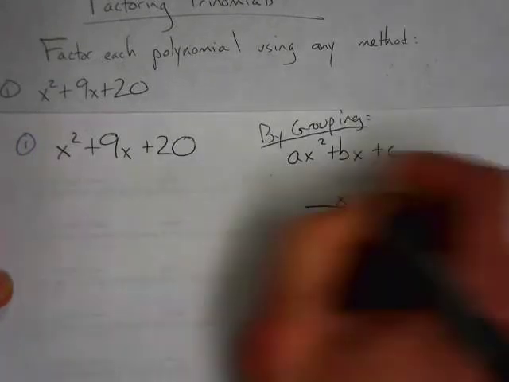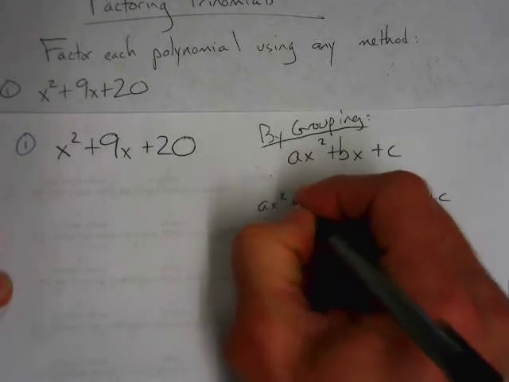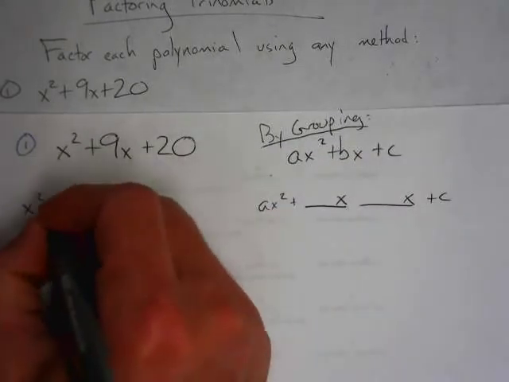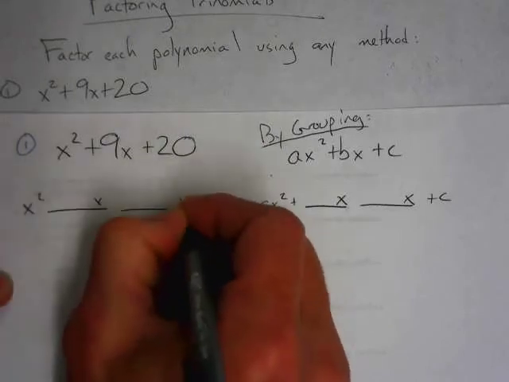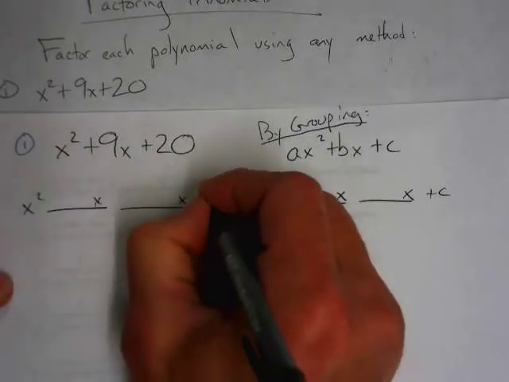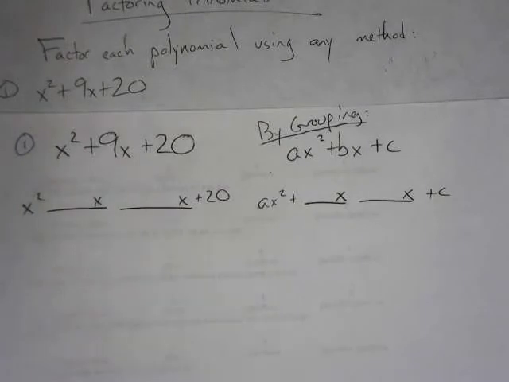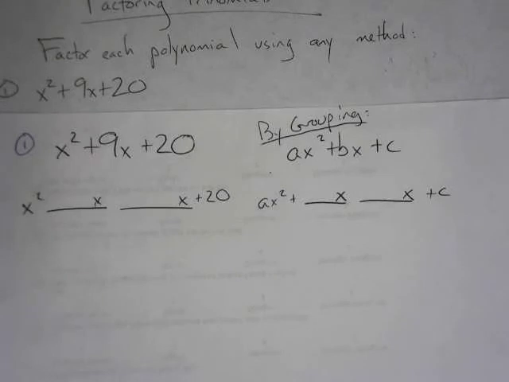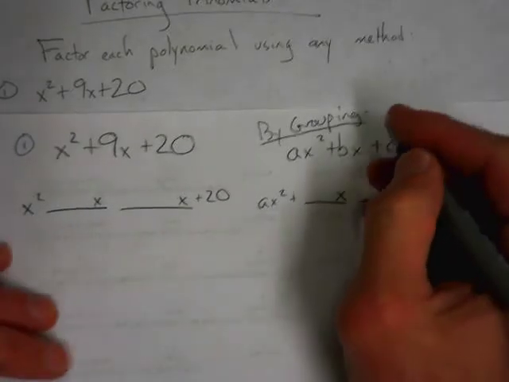So we have x squared, blankety blank, and then plus 20. So that's how we can set up factoring by grouping. And now the only deal is, we've got to fill in the blanks. This is where things get a little bit tricky, but useful later on.